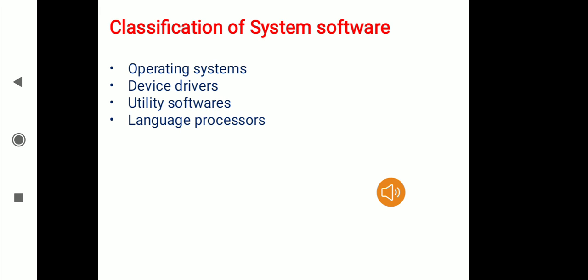The system software are again classified into the following types. The first is the operating system, then the device drivers, then the utility software, and at the end there are the language processors.